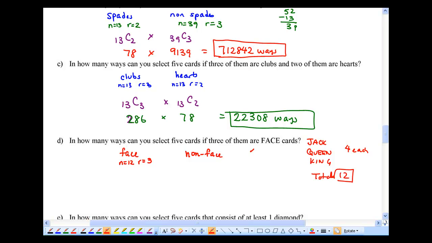And then I guess the rest that you choose are non-face. So how many non-face cards are there? 52 take away 12. 40. And I guess I want 2 of those. So translating them into combinations, 12C3, 40C2.